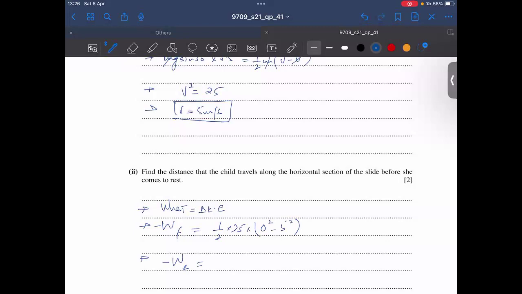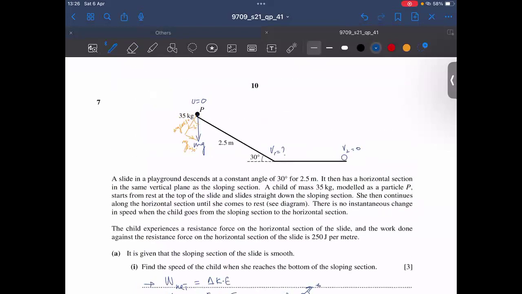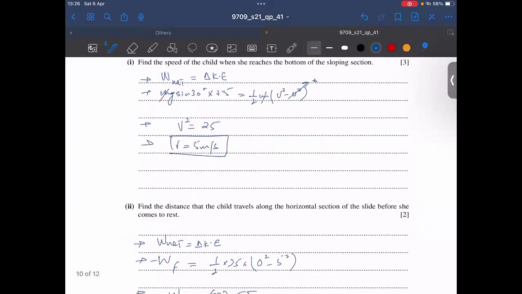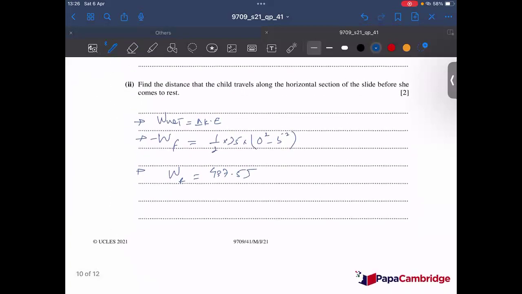Divided by 2 is 437.5. So yeah, we just cancel the negative sign. So it's going to be 437.5 joules. Now that's the total work done, 437.5 joules. All right, so total work done against friction.